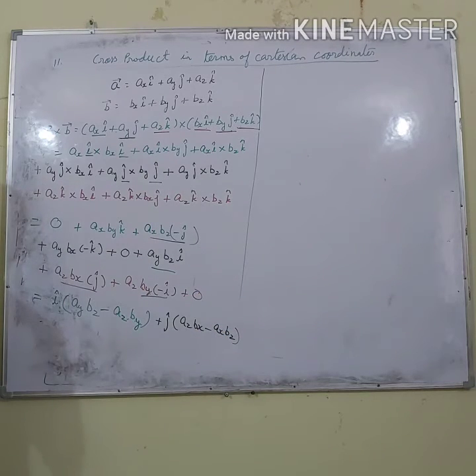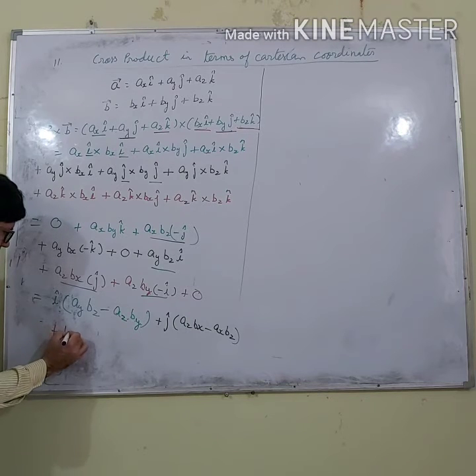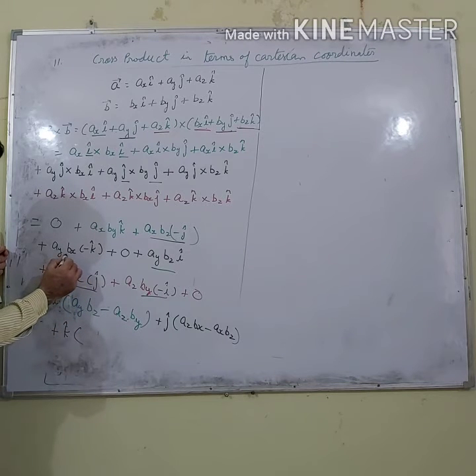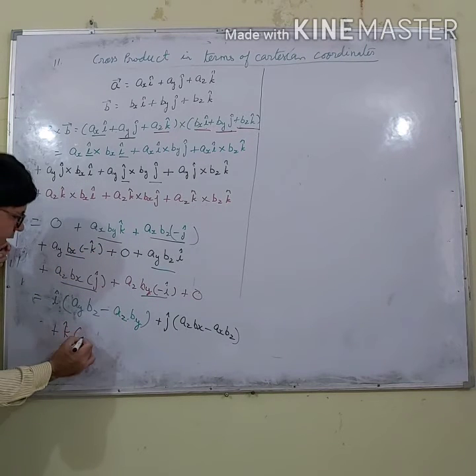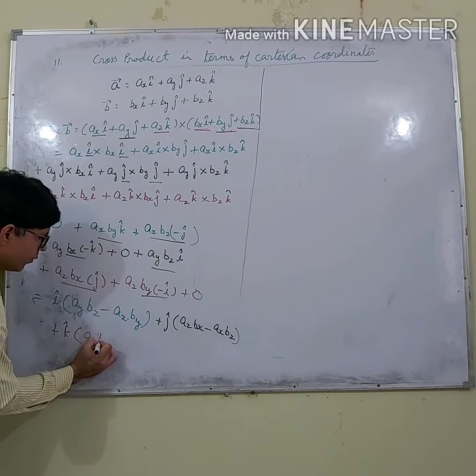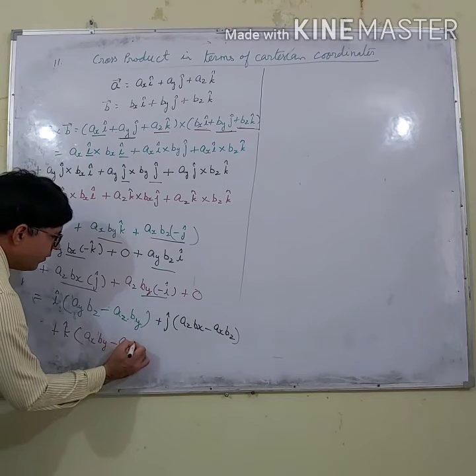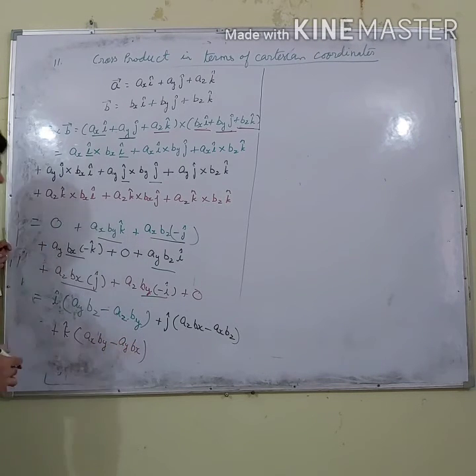Now let us move to k. This k cap is A_x B_y minus A_y B_x.